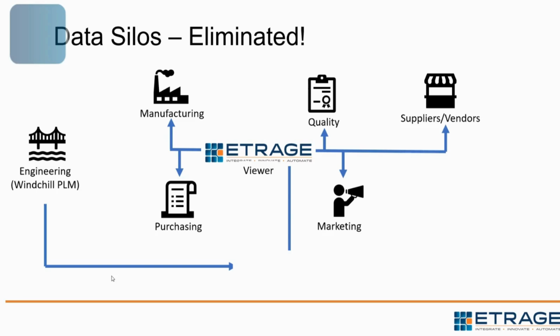Now, in addition, we do have some customers where, again, it's a very, very small handful of them. Most customers prefer to take the viewer and the publisher together as a package deal, where the publisher publishes the information out of Windchill and then the viewer distributes it and makes it usable and accessible throughout the organization, right?